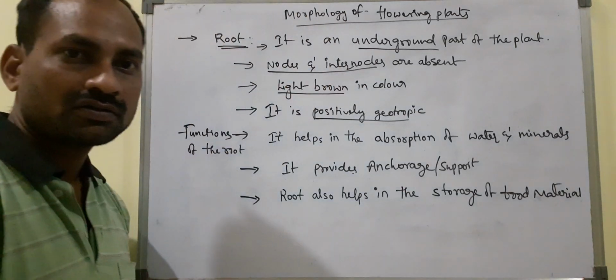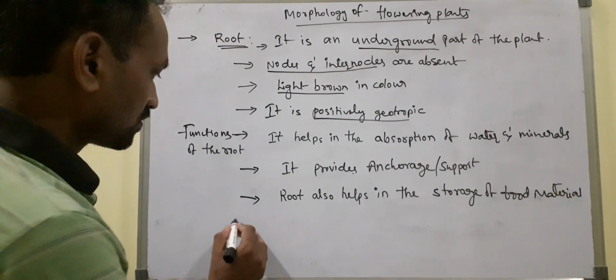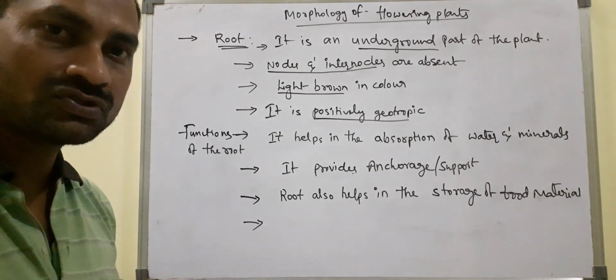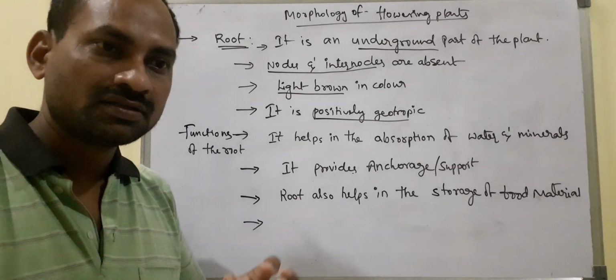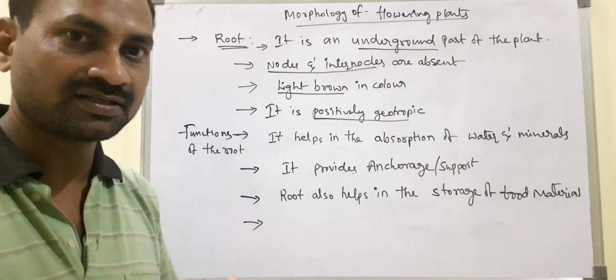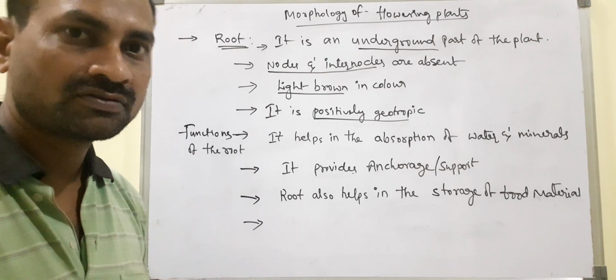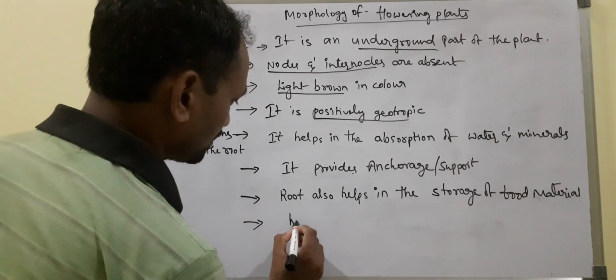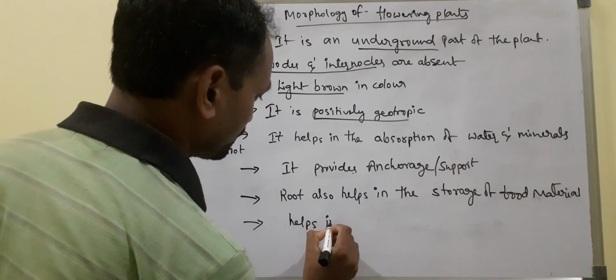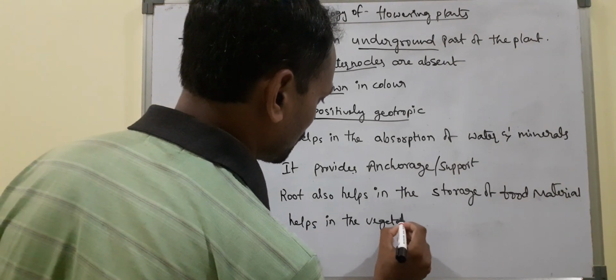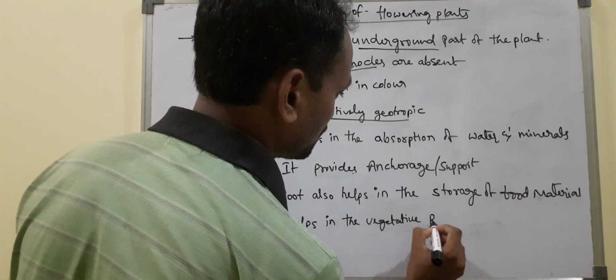Okay. The last function of the root: there are some roots that produce buds. These buds help in vegetative propagation or vegetative reproduction.